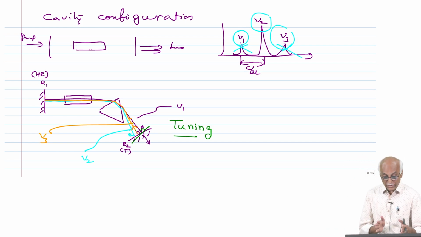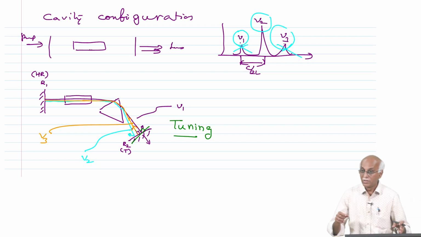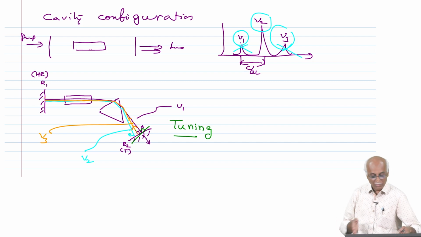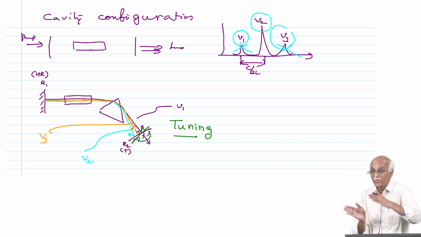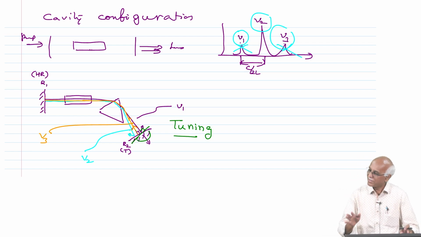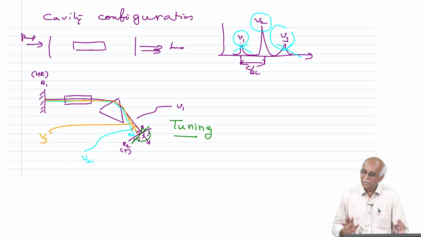So, to allow single mode oscillation, this needs a very large cavity. The mirror should be placed far away so that you can distinguish nearby angles. So it becomes much more complex, but of course, you understood the technique.